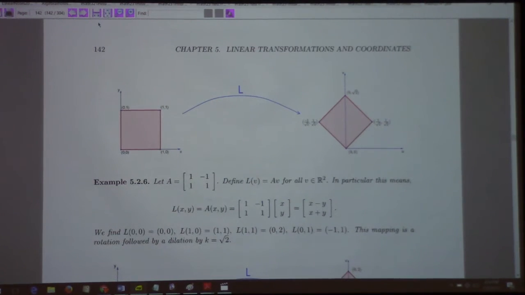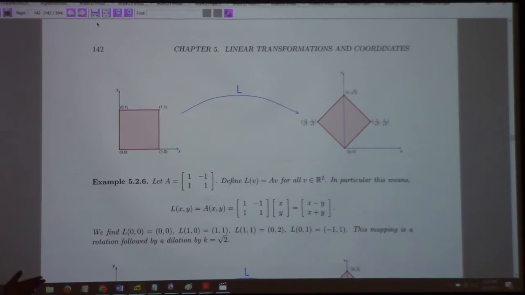But you also have these. This is a linear transformation. This is a rotation by 45 degrees. Rotations are special in that they maintain both the angles between vectors and the distance between points. And they also fix the origin. The inversion also does that, but it's not a rotation. Rotations also maintain orientation.